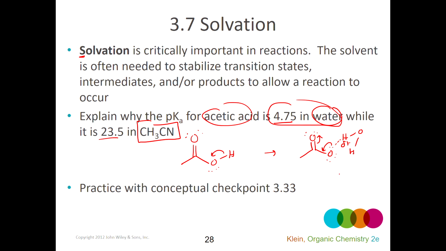If I have a different structure like CH3CN, which has this Lewis structure, here the partial positive is surrounded and kind of blocked out by this group. So it's harder for this molecule to get in here and bring in its positive to help stabilize the negative.